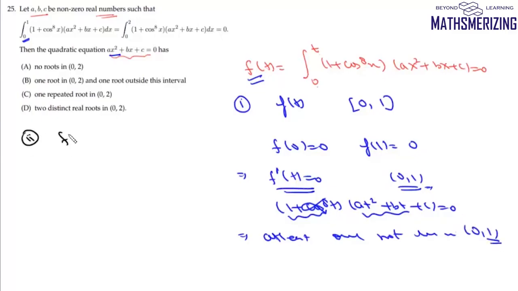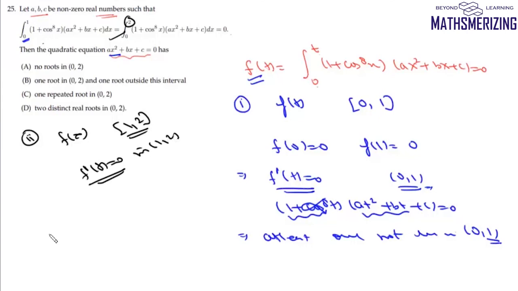Now if we take the same function f(x), and again apply Rolle's theorem in the interval 1 to 2, this function is again continuous and differentiable. f(1) is 0, f(2) is also 0, so that means again one root of the equation f'(t) = 0 will lie in the interval 1, 2.